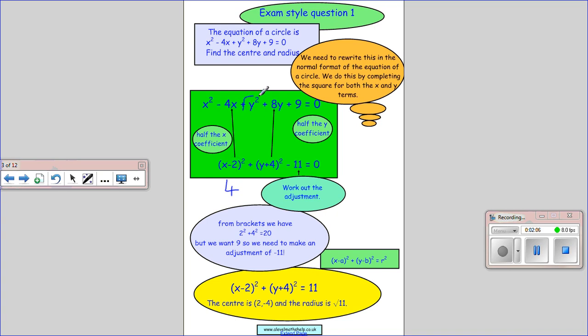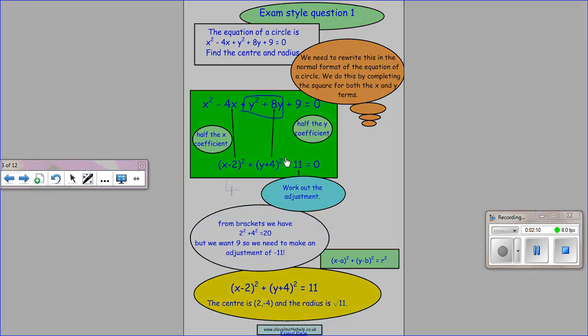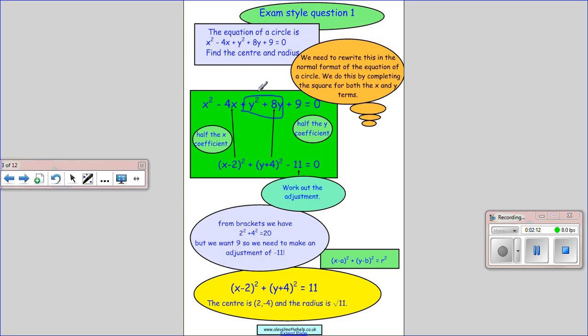Now we look at this bit and we do the same thing. We put it in a bracket which we're going to square, and it's going to be y, and this time half the y coefficient, which is 8, so half of 8 is 4, so y plus 4. Again, if you imagine squaring out that bracket, you get y times y, which is y squared, y times 4, which gives you 4y, and then 4 times y, which is another 4y, so in total 8y.